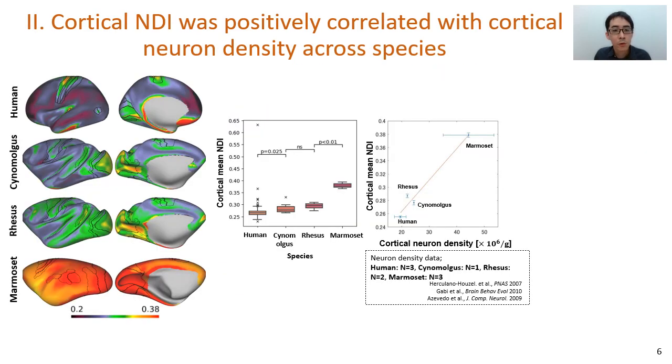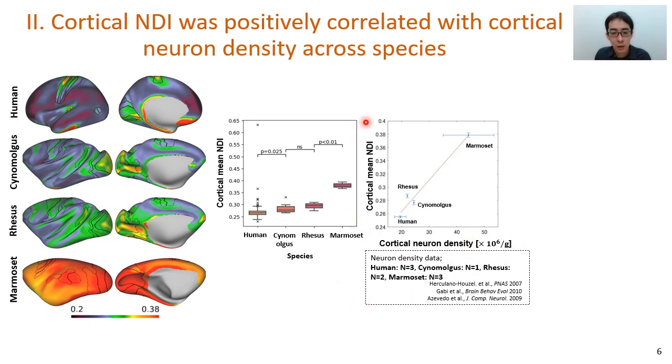As for the cortical average of NDI in 4 primate species, shown in the left and middle panel, it is interesting that humans have the minimum NDI value among primates, followed by cynomolgus, rhesus monkey, and marmosets, suggesting that smaller primates tend to have overall higher cortical neurite density. Interestingly, this pattern was again found in neuron density.